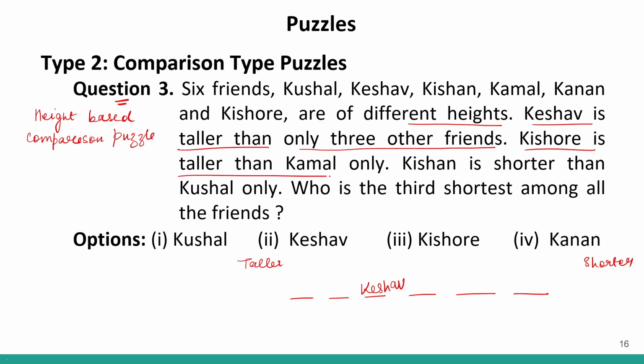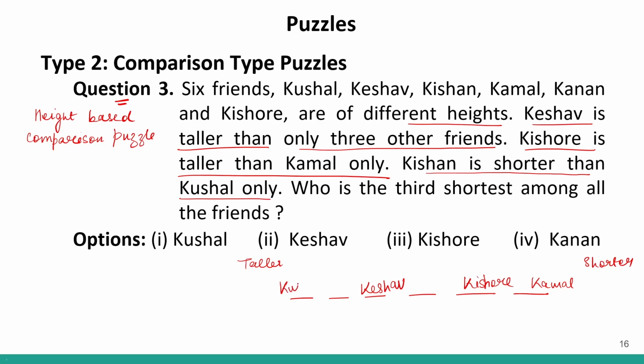Kishore is taller than Kamal only. So Kishore will come over here and Kamal will come over here, because Kishore is taller only than Kamal. Now, Kishan is shorter than Kushal only.